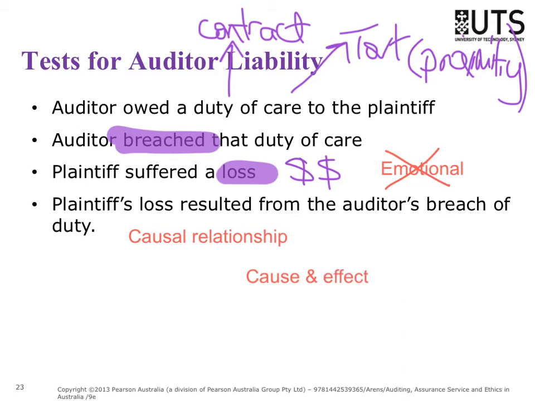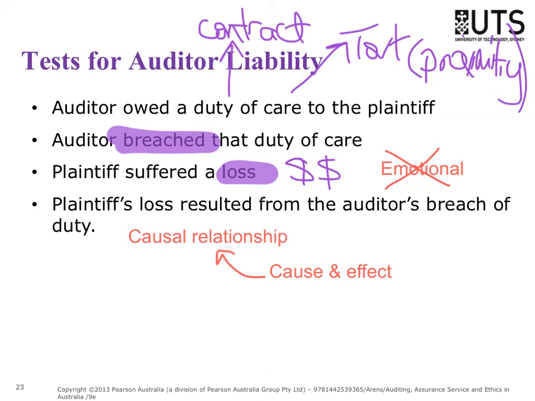Okay. That means that the auditor's mistake led to an incorrect audit opinion relied on by a third party, and then the loss occurred as a result. So if the auditor made a mistake on something very, very small, all right, and it didn't end up affecting the overall end opinion, then there would be no liability there.